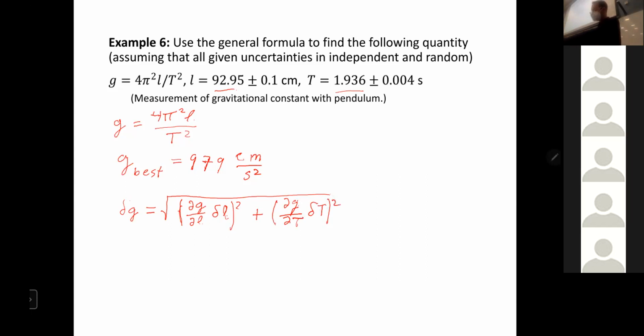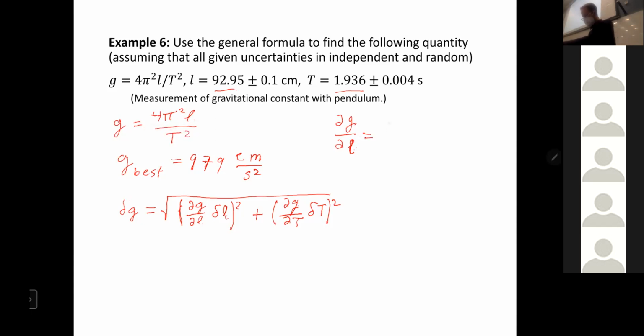So first we need to figure out what are these derivatives that we want to plug in. So the partial derivative of G with respect to L. G is linearly proportional to L, as you can see over here.